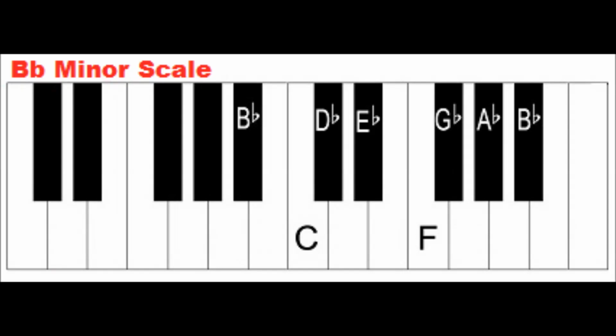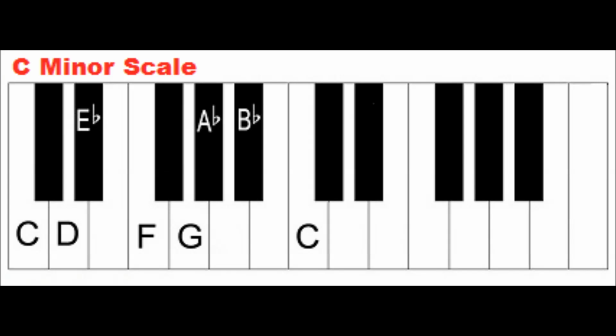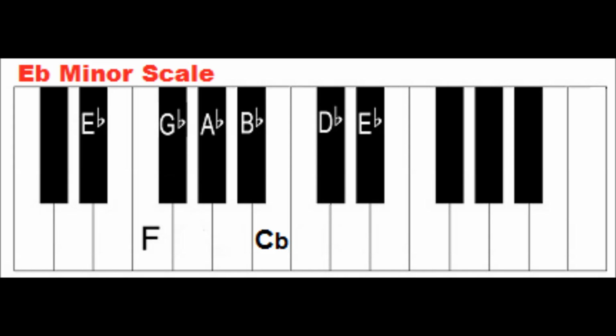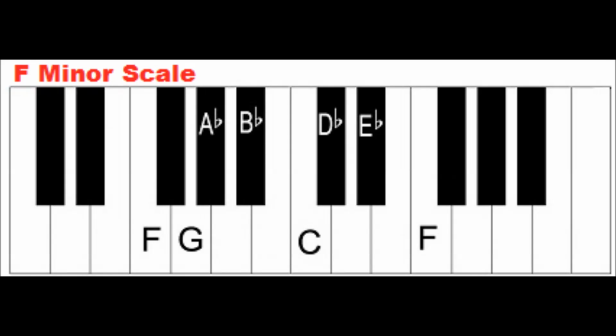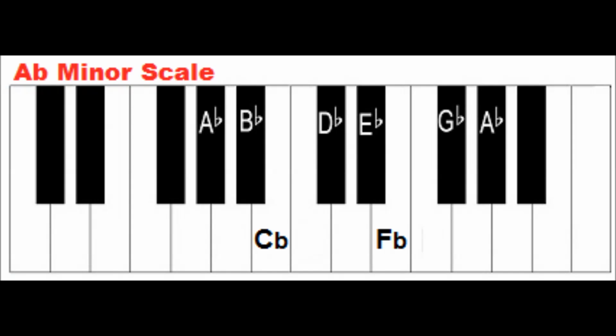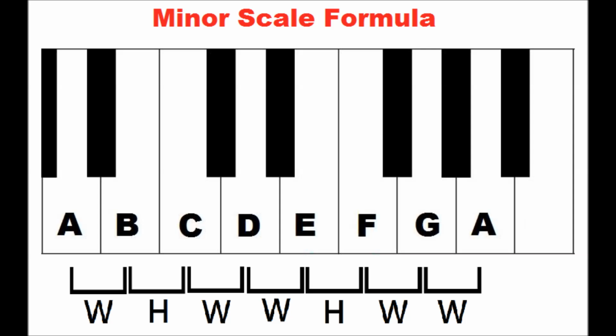Here's the B flat minor scale, the C minor scale, the E flat minor scale, the F minor scale, and here's the A flat minor scale. I trust that you have a clearer understanding of how to form minor scales on piano or keyboard.